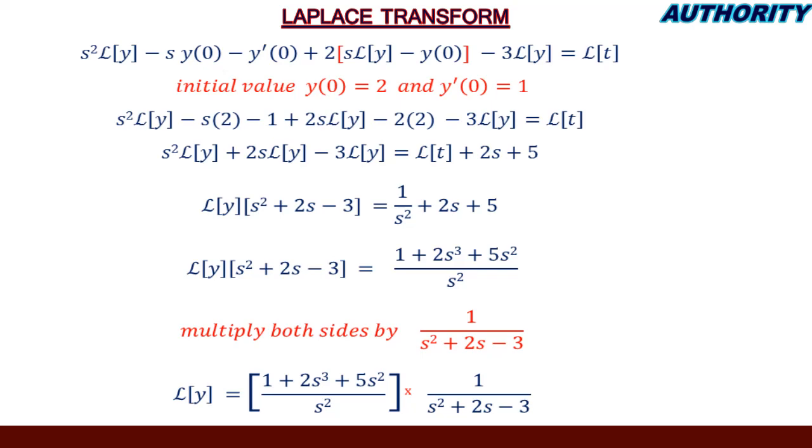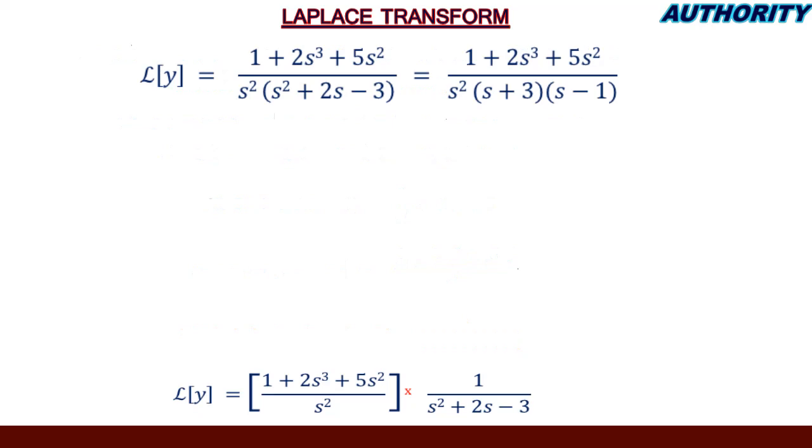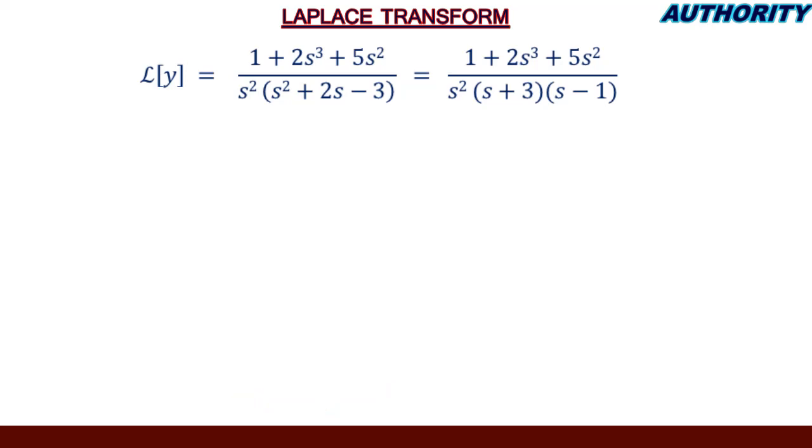Now, let's combine this again. When you combine this together, we are going to have the Laplace transform of y is equal to 1 plus 2s cubed plus 5s squared all over s squared, open bracket s plus 3, close bracket, open bracket s minus 1, close bracket. In this place we had s squared plus 2s minus 3, and when you factorize this, these are the two factors we obtain.